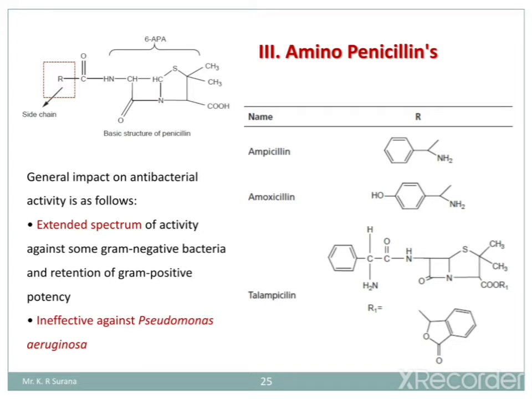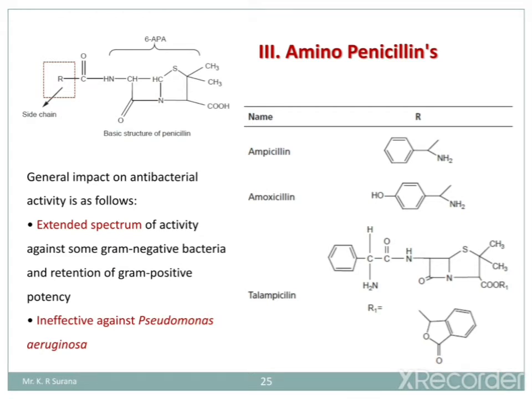At the R group there will be a benzene ring, CH2 CH3 NH2 substitution, which we have to substitute. In the case of amoxicillin, the substitution is the same as ampicillin, but only at the fourth position there will be an OH, as you can see in the substitution table.